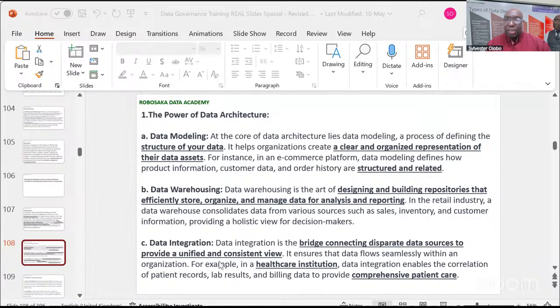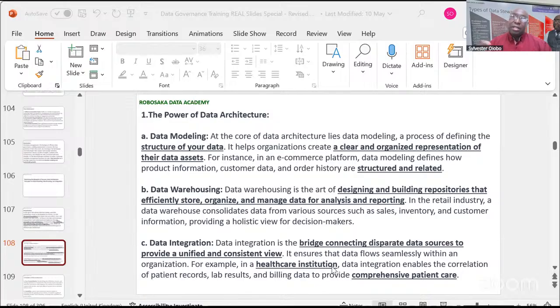So in this context, data integration is a bridge that connects different kinds of data sources to provide a unified and consistent view. So it's very, very important. When you're using Power BI, you're going to see how data are being integrated.